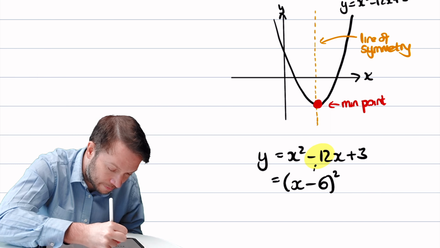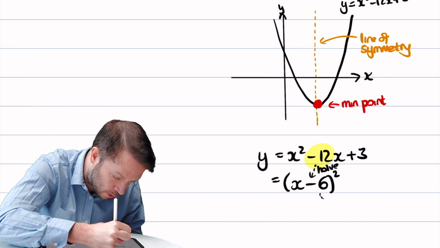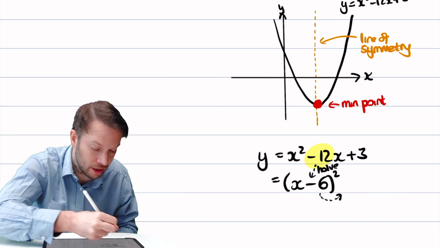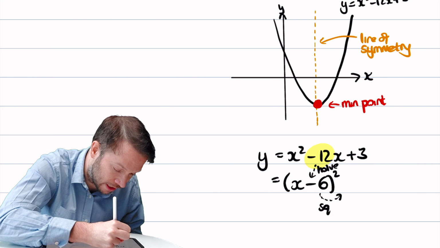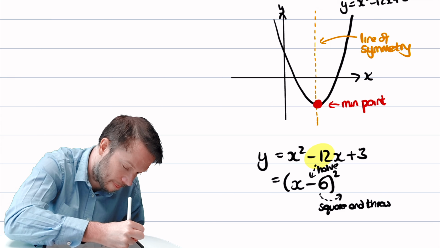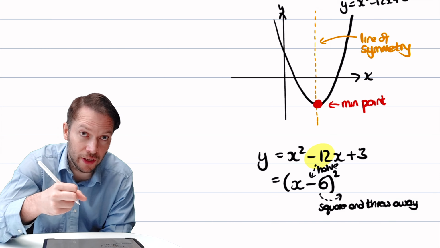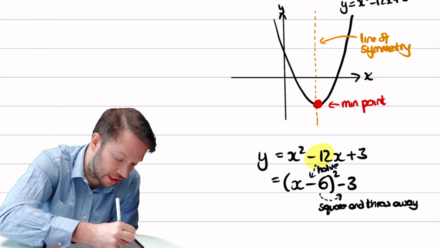So we halved that. And then what you do is that you square this halved term, the minus 6, and throw it away. So square and throw away. Minus 6 squared is positive 36, and then you throw that 36 away.